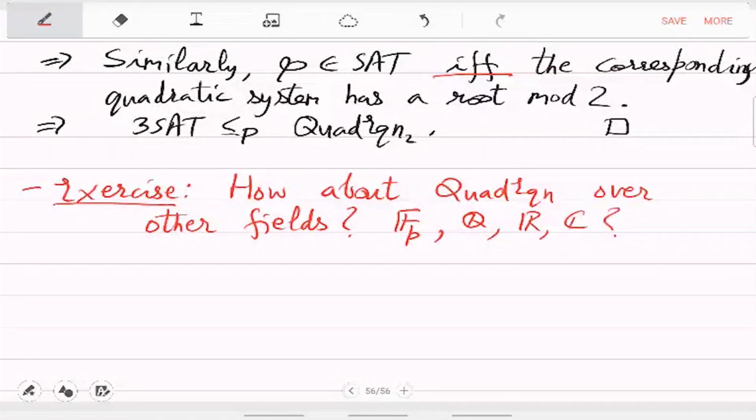Pick your favorite field and see what you can do with this proof. This proof should generalize and give you NP-hardness. And if you can guarantee that the solutions are small, then NP-completeness. So you'll get either NP-hard or NP-complete depending on what the field is, what your system is.